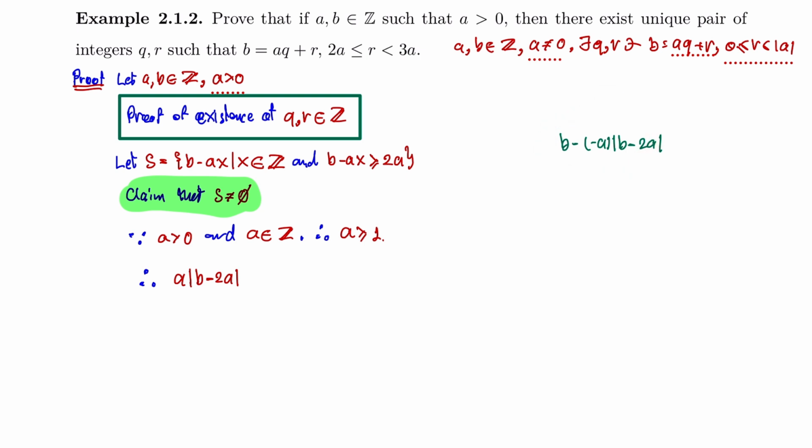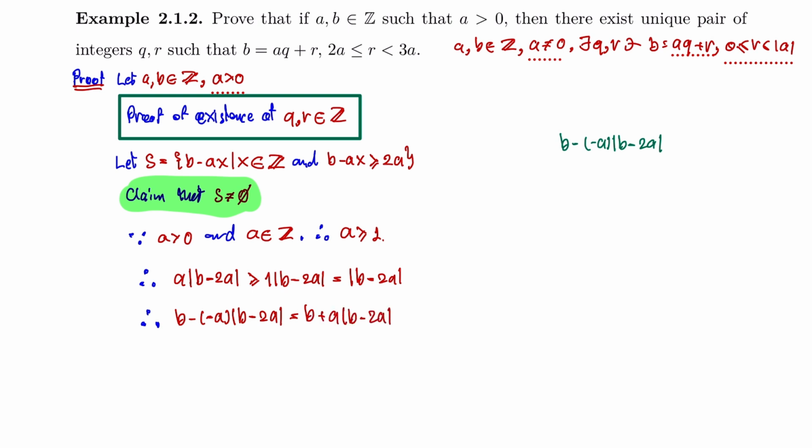So what do we have here? We have this one greater than or equal to 1 times the absolute value of b minus 2a, which is the absolute value of b minus 2a. From this, let's write b minus a times absolute value of 2a, which is b plus a absolute value of b minus 2a.